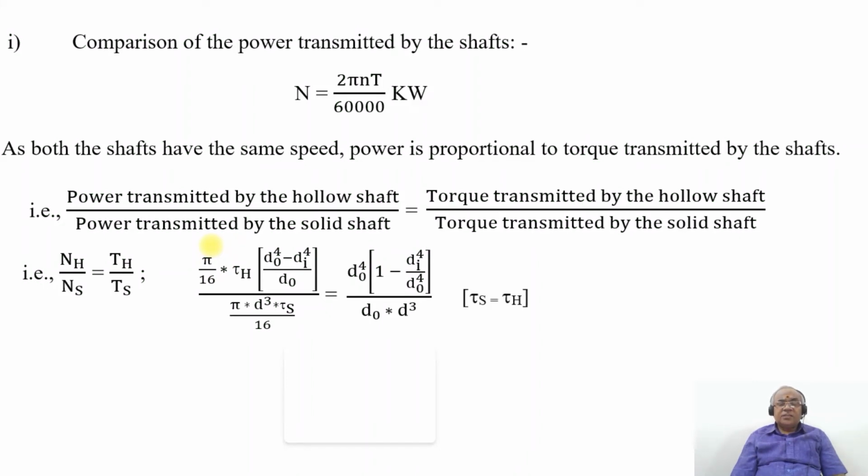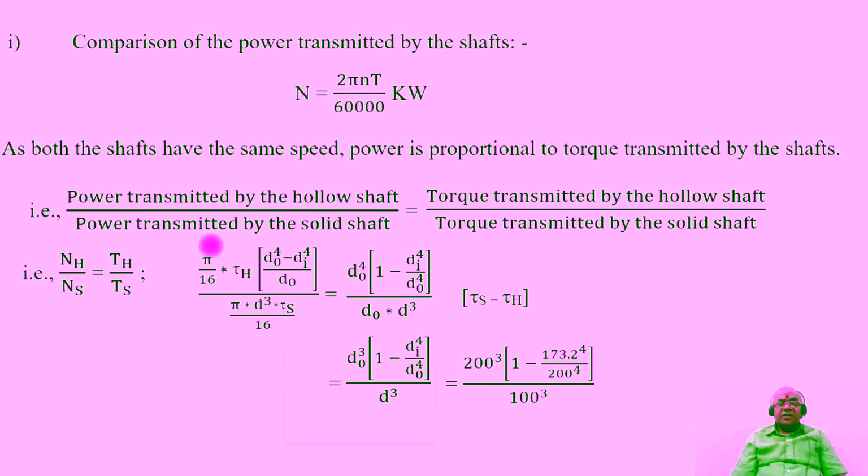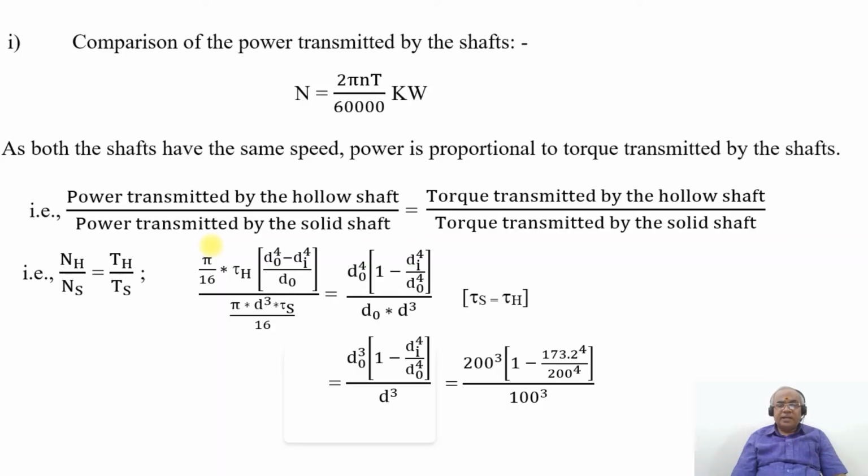As tau s will be equal to tau h, D naught cancels in the denominator and also in the numerator. So D naught cube into 1 minus Di by D naught, the whole to the power of 4, divided by D cube. Substituting the values, that will be equal to 200 cube into 1 minus 173.2 divided by 200, the whole to the power of 4, close the bracket, divided by D cube, which is 100 cube.